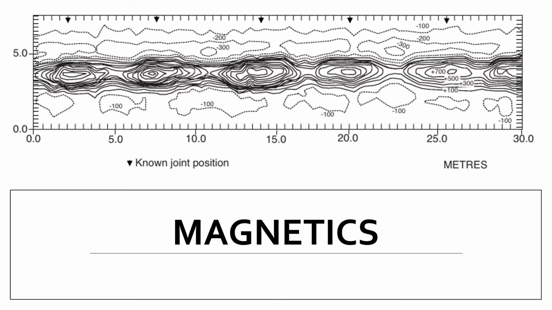Now for magnetics, this is an example of using magnetic methods for locating subsurface utilities. By utilities, I am referring to pipelines, water pipelines, electrical lines. Yeah, mostly electrical and water lines.